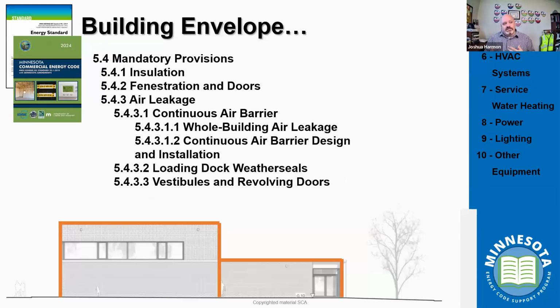Within those mandatory provisions, we're going to identify the role of insulation. We understand that insulation is a key component. And then we're also going to look at fenestrations, doors, and air leakage as different considerations, because the envelope is what's separating our conditioned space from our unconditioned spaces, and from the exterior impacts of the environment versus the interior controls that we're going to have.